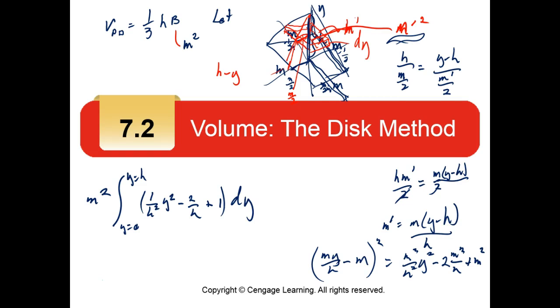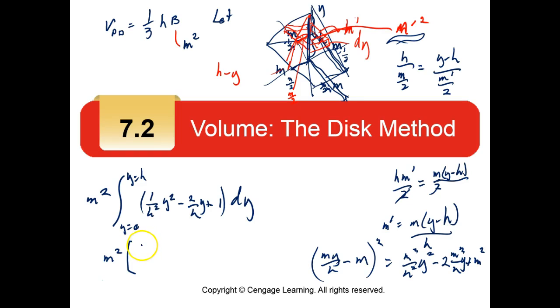Okay. All right. Now let's integrate that. Oh, wait. I left off a y here and a y here. When you do the cross product, you get a y in there too. So it'll be m squared, antiderivative of 1 over h squared y squared.